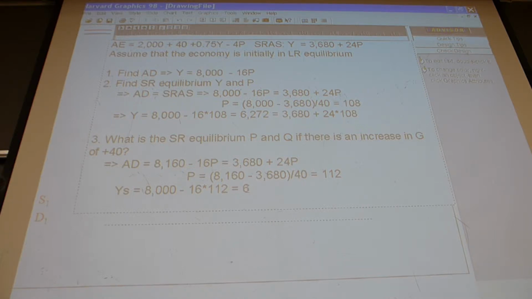No? Everybody? Why is it no? Go ahead, Erica. Because we plug into the new aggregate demand. Yeah, you got to remember this has got to be 160, right? Plug it in there. Don't make that mistake.